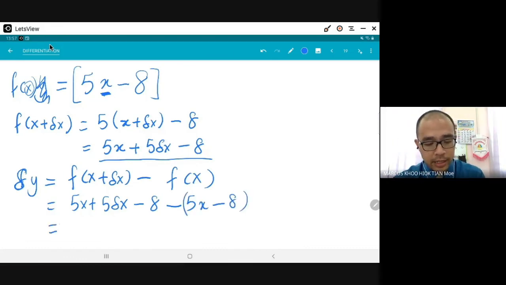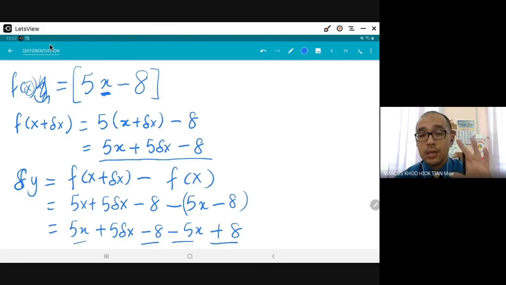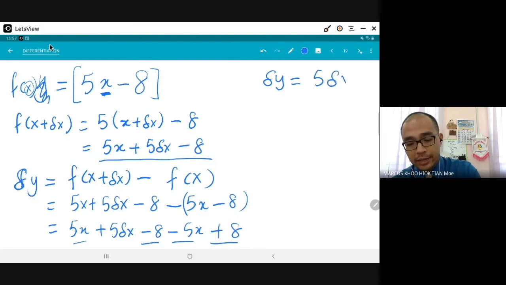Bila saya kembangkan ini, saya akan dapat 5x plus 5 del x minus 8 minus 5x plus 8. 5x minus 5x will be hapus, 0. Minus 8 plus 8 will be 0. Okay, so del y equals to 5 del x. Tinggal itu saja.